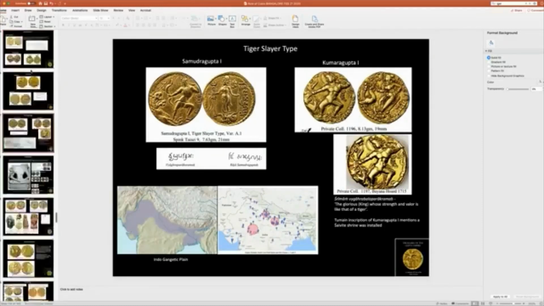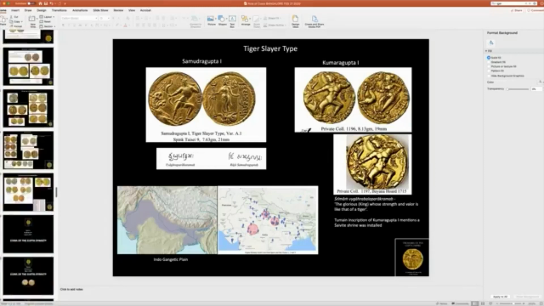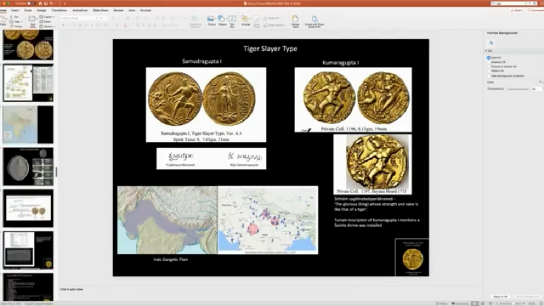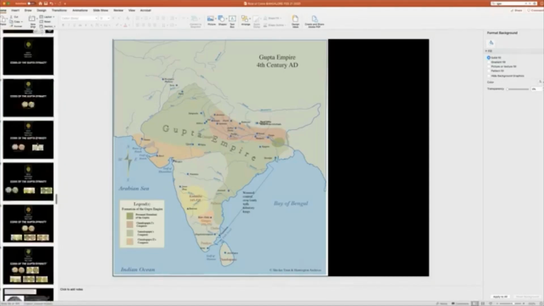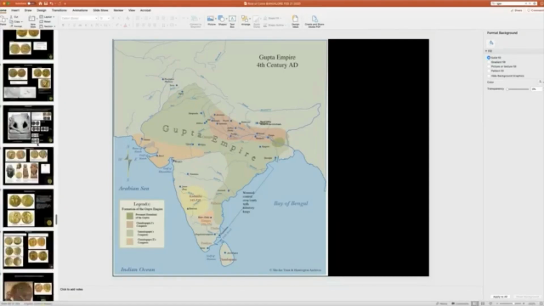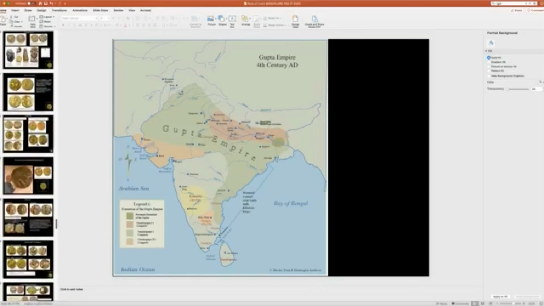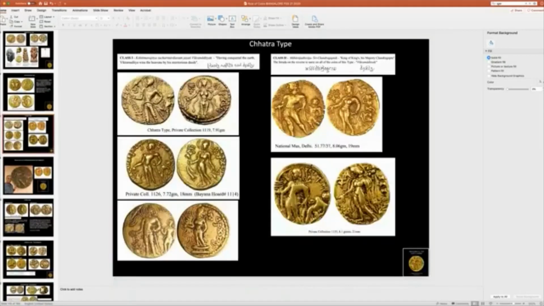So during the reign of Samudragupta, Samudragupta did conquer most of the Gupta from east to west, but he didn't get control of the Kshatrapas. The conquest of the Western Kshatrapas started under Chandragupta II and then ended finally under Kumaragupta I.